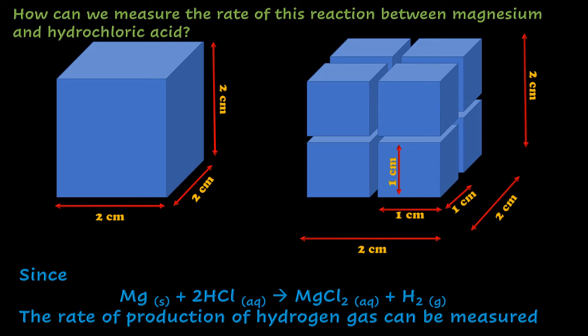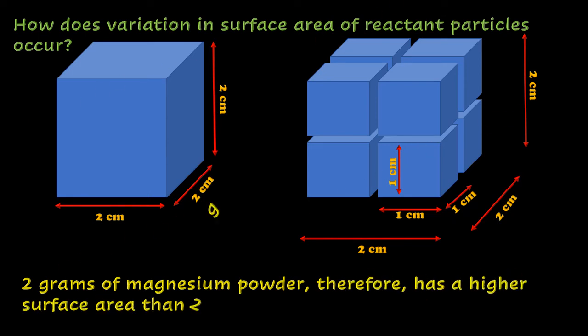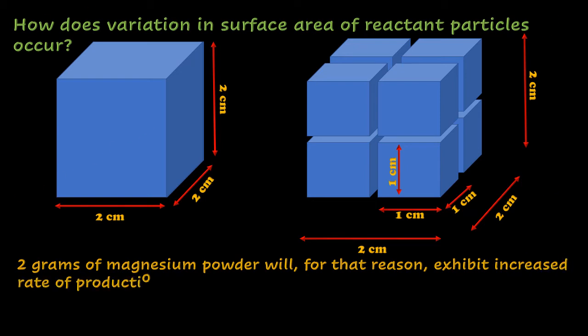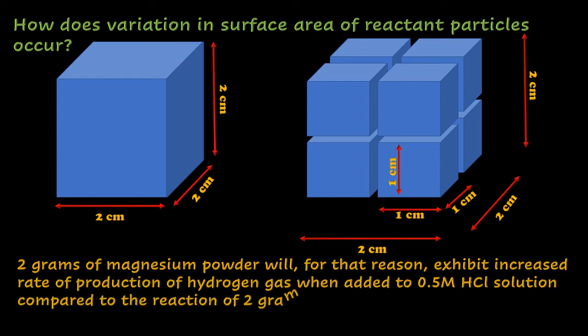By that, if we took 2 grams of magnesium powder and 2 grams of magnesium ribbon, we would say that 2 grams of magnesium powder has a higher surface area exposed for reaction compared to 2 grams of magnesium ribbon. 2 grams of magnesium powder, for that reason, will exhibit an increased rate of production of hydrogen gas when added to 0.5 molar hydrochloric acid solution, compared to the reaction of 2 grams magnesium ribbon with the same 0.5 molar hydrochloric acid solution.